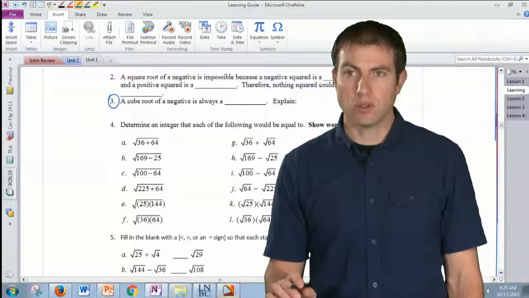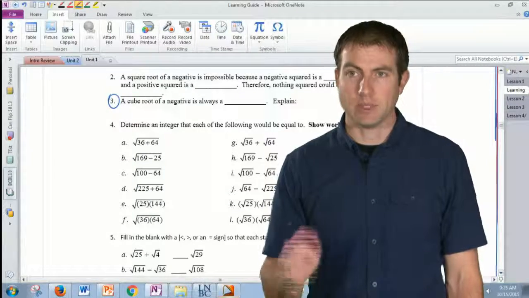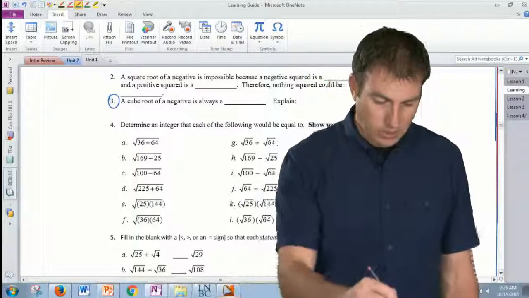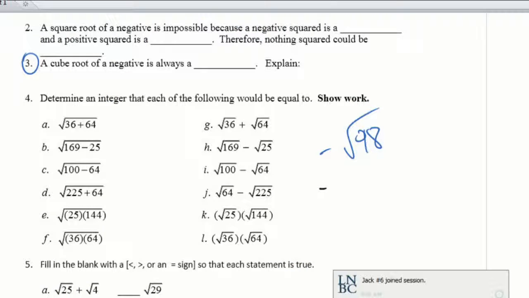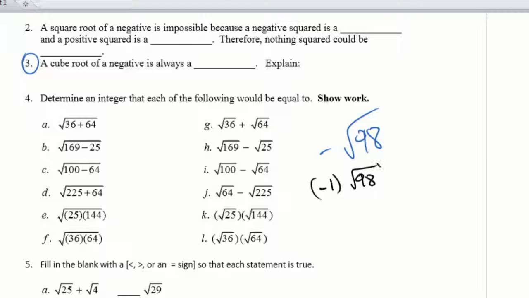Determine the two closest whole numbers and estimate. Perfect. So if I wanted to break this down, I would go -1 times the square root of 98, because anytime I have a negative, I just have that -1 out front. I'm going to ignore the -1 for now and just deal with the 98. What two perfect squares are on either side of 98?